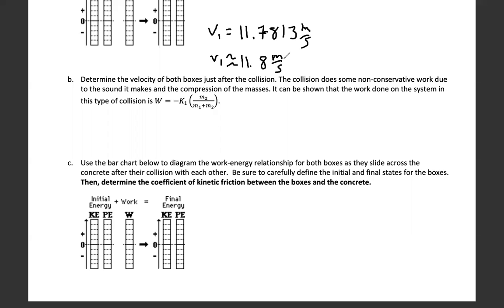So here's the part where we get to something that's quite a bit different. It says, determine the velocity of both boxes just after the collision. Mr. Woodward did apply the rule of conservation of momentum to figure out what the velocity was after the collision, and that's a concept we're going to study in a couple of weeks.